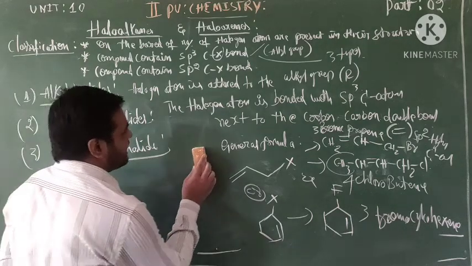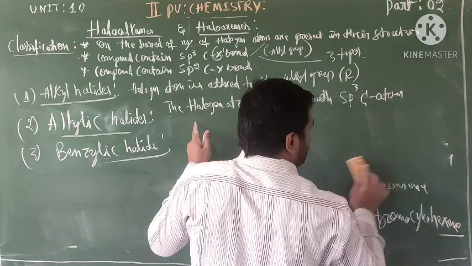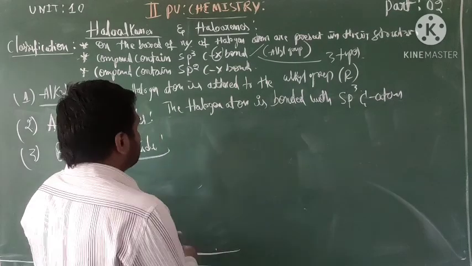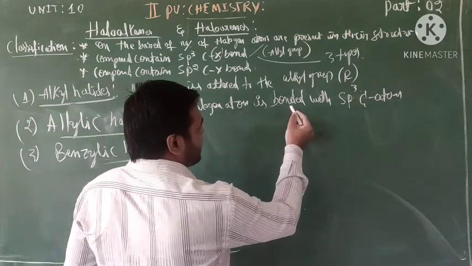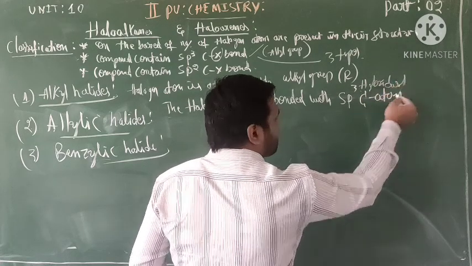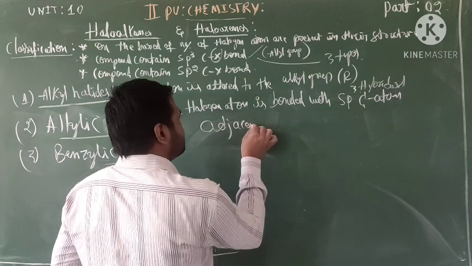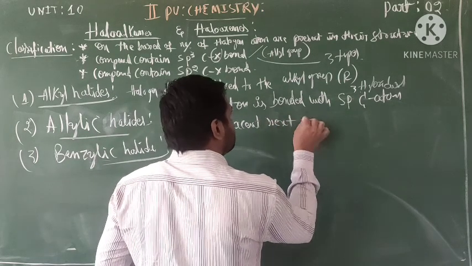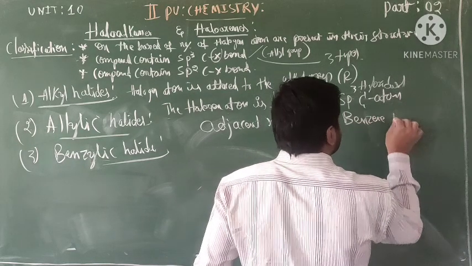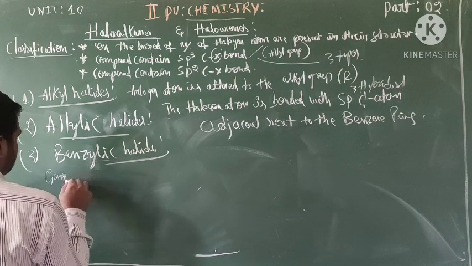Definition of benzylic halides: the halogen atom is bonded with an sp3 hybridized carbon atom adjacent, next to the benzene ring. See the general representation, the general formula.